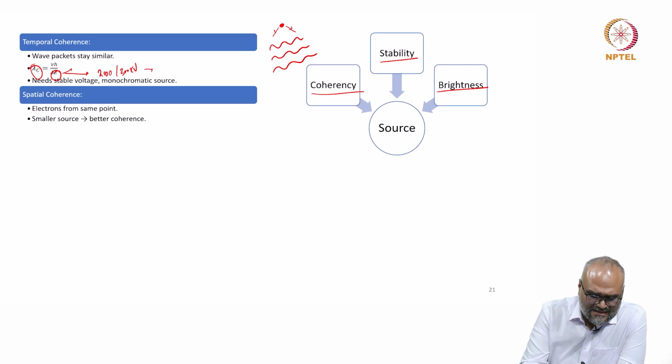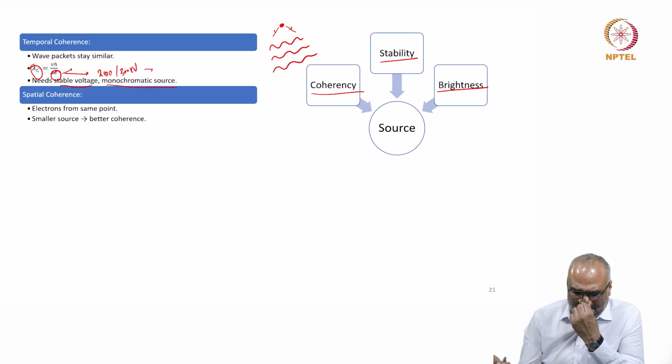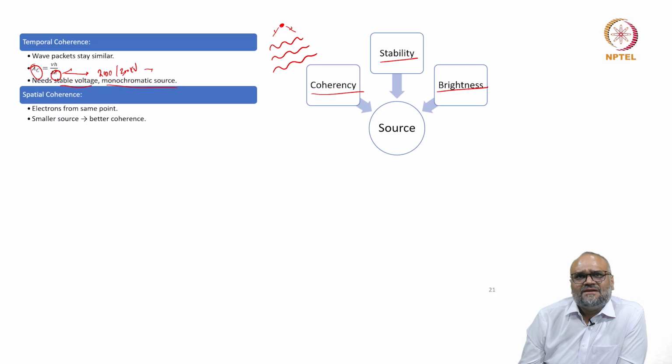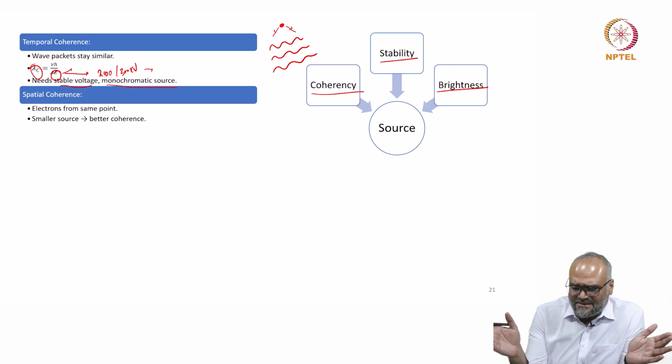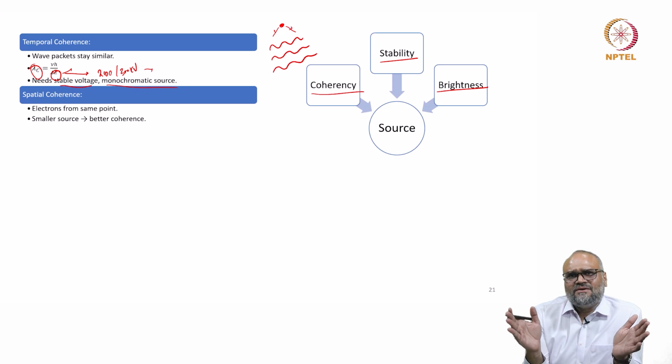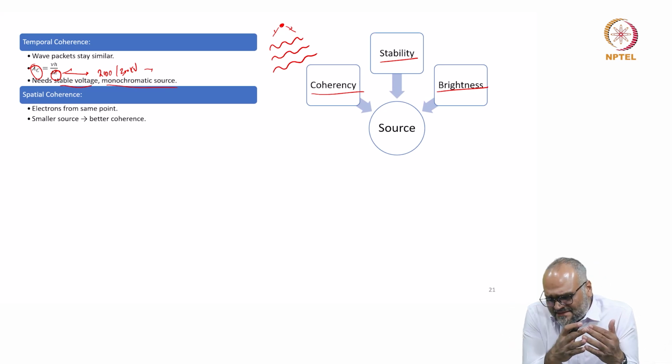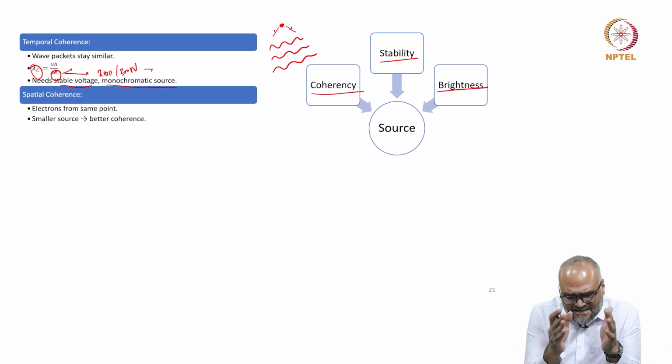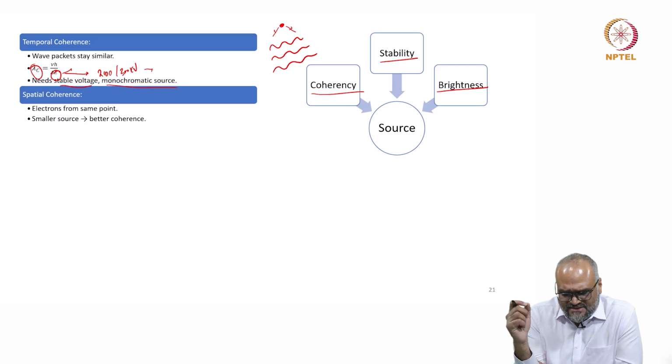So you need a stable voltage, and there is also a monochromator which you can add to improve the temporal coherence. Essentially, temporal coherency means that if I have electrons emanating over a solid angle, and I can maintain the wavelengths of all the electrons more or less within the same range, I can say that the temporal coherency is good.